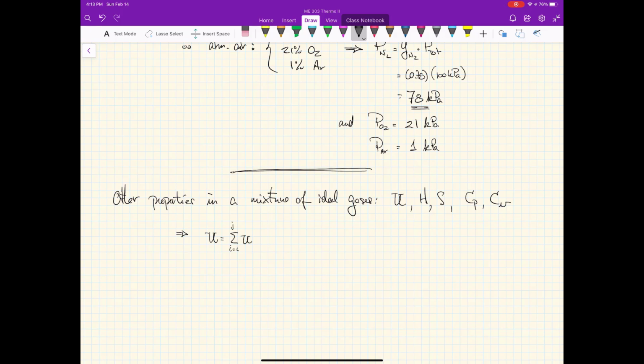Okay, moving on to other properties, extensive properties in a mixture of ideal gases. For example, the thermal energy, enthalpy, the entropy, and the specific heats at constant pressure and constant volume specifically.